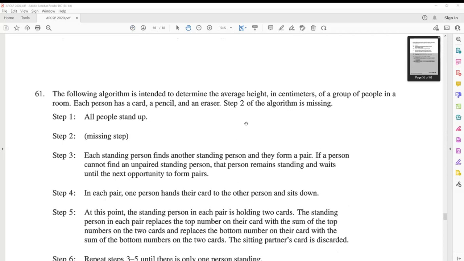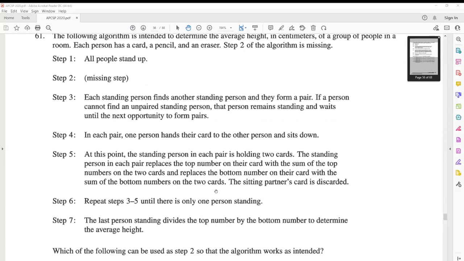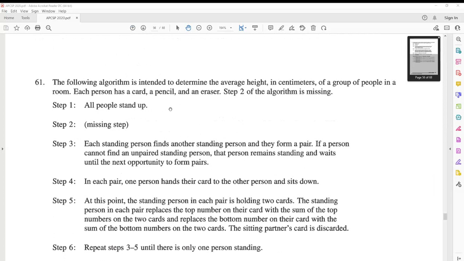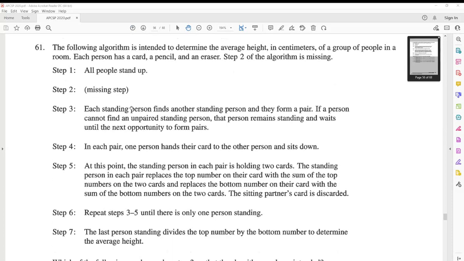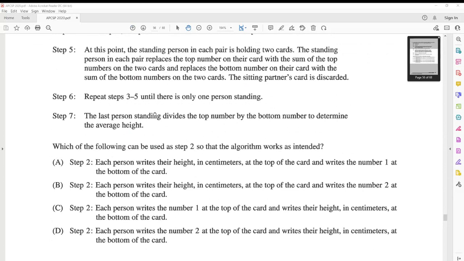No matter what they do with averaging, the one thing they must do is put the height of themselves onto the card. So I would say they must write down their height.